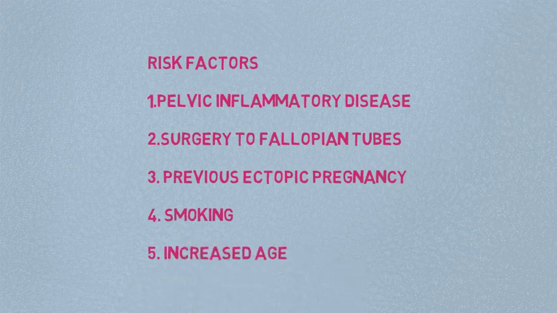That means the fallopian tubes aren't as healthy as they should be. Other risk factors include surgery to the fallopian tubes, which can cause damage to them and increase the chance of ectopic pregnancy. Things like smoking reduce the cilia activity, and previous ectopic pregnancies and increased age all predispose and make it more likely for a woman to have ectopic pregnancies.